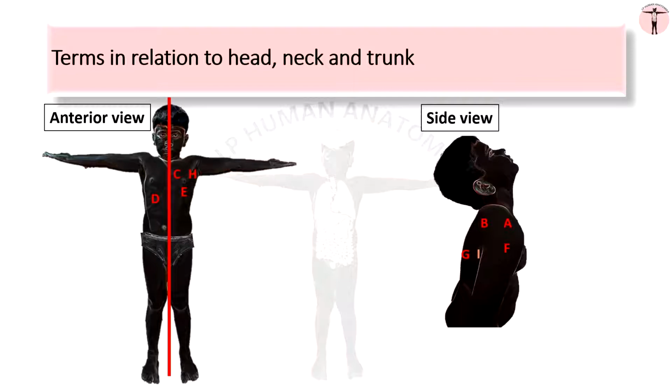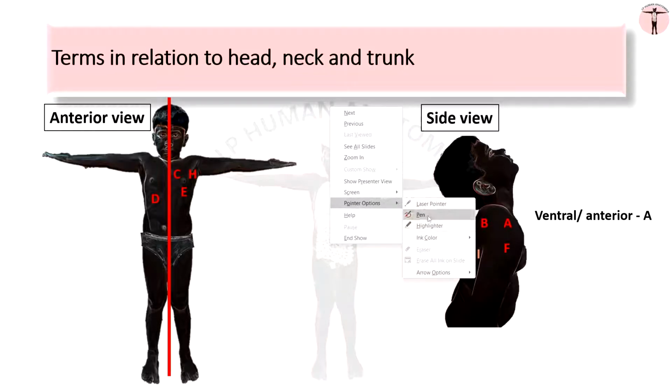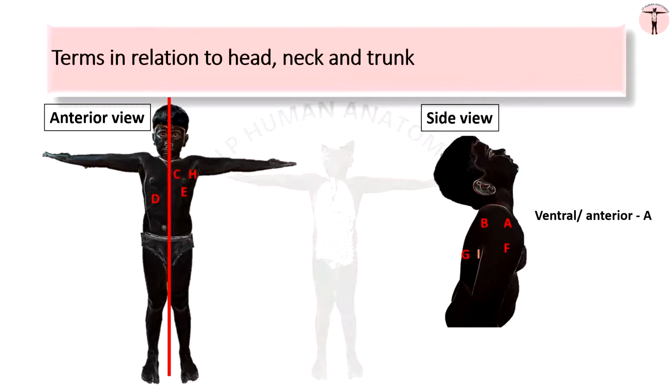Now coming to the terms in relation to head, neck and trunk. Ventral or anterior, okay, here this is the ventral or the anterior part, which is the front of the head, neck and the trunk region.